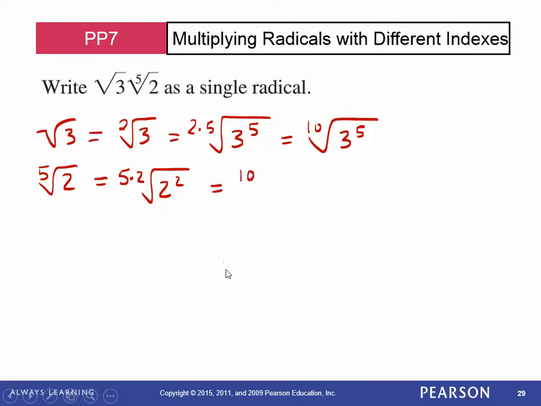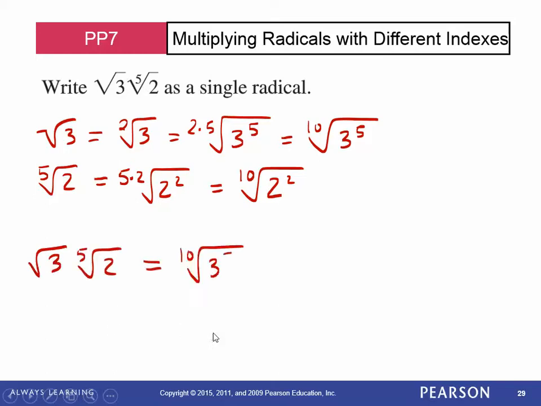That becomes 10 radical 2 squared. Now let's go back to the beginning. This initial problem has now become 10 radical of 3 to the 5th times 10 radical of 2 to the 2nd.